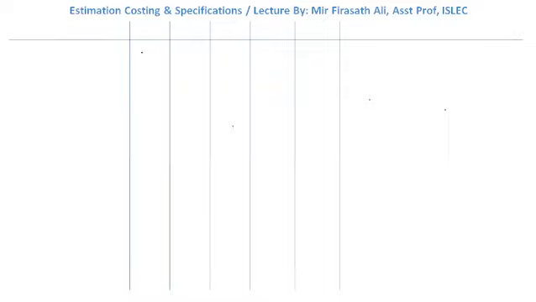As you know, the table consists of particulars, the next is numbers, we have length, breadth, height or depth, quantity, and remarks. First, what do we need to find out?